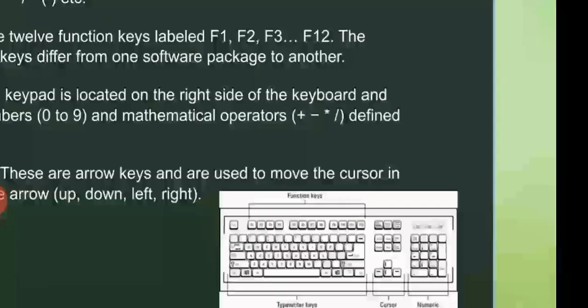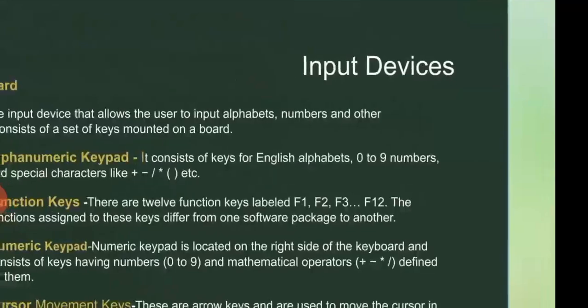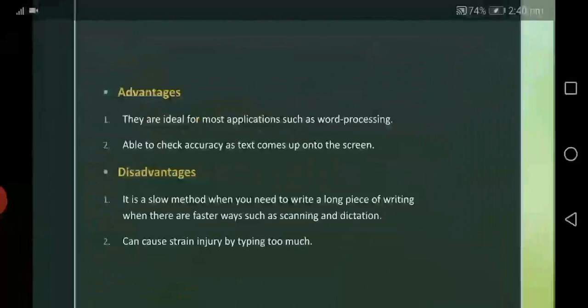Here is the image of the keyboard and all four parts: function keys F1, F2, F3, F4, cursor keys, numeric keypad and typewriter keys. We can also say it is the alphanumeric keypad.